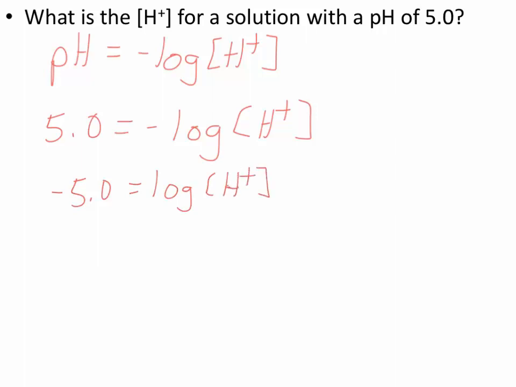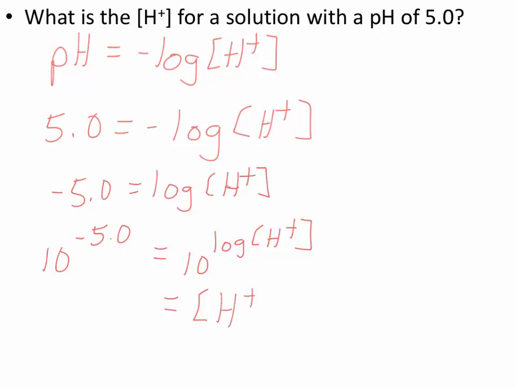And now we need to get rid of the log term. So again, we're going to take 10 and raise it. Right? 10, again, was our base here on our logarithm. So we're going to take 10 and raise it to the power of each side. So 10 to the negative 5.0 is equal to 10 to the log of the hydrogen ion concentration. And then the right side here, this 10 to the log, becomes just the hydrogen ion concentration, because we have our logarithm and our anti-log.